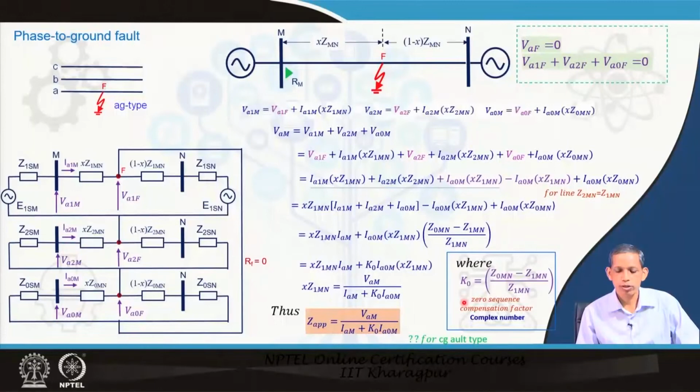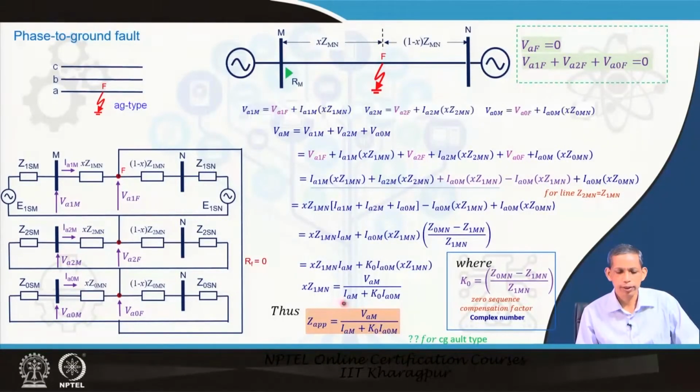We call it the zero sequence compensation factor because in this term we have I0M, and hence Z0 and Z1. Note that Z0 is not the same as Z1, unlike Z2 equals Z1 for a transmission line. It has wide variations, up to as high as 6 times Z1, depending upon the configurations, which we have already discussed in the initial classes.